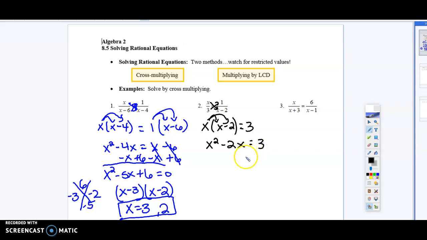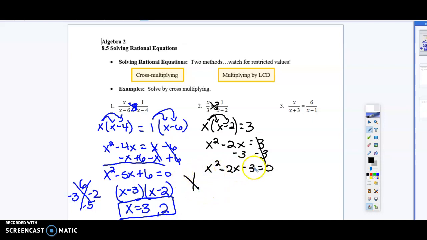So again, my goal is to get x by itself. So we're going to move everything to one side so that we can solve for x. So we're going to get x squared minus 2x minus 3 equals 0. And now we're going to either factor or use the quadratic formula. I, again, would probably factor on this one just because it's easy numbers.